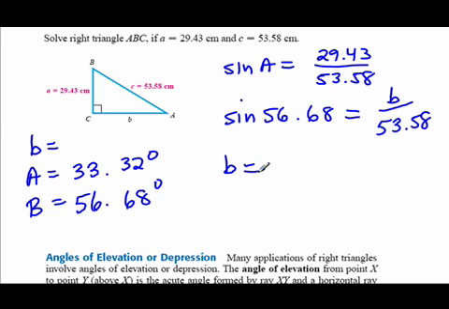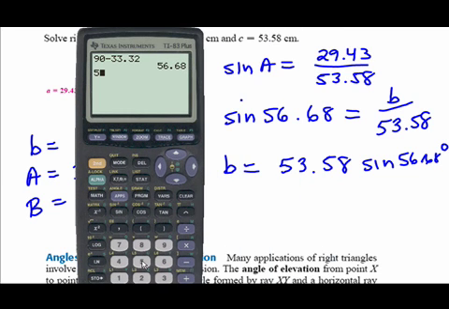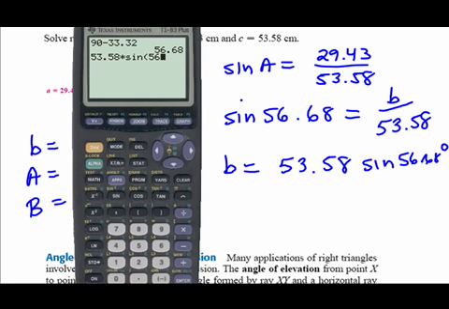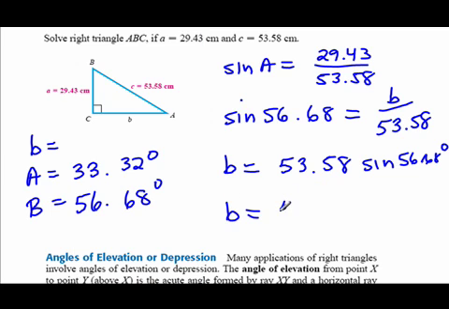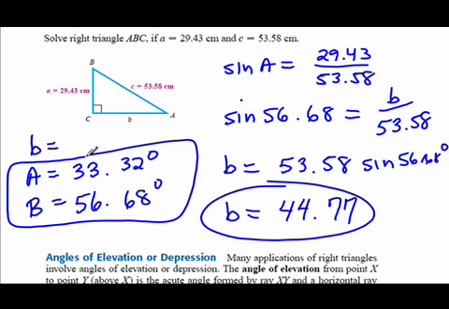Lowercase b, or side b, is equal to 53.58 times the sine of 56.68 degrees, which is 44.77. So those are my three missing pieces. Not too bad. Guys got any questions?